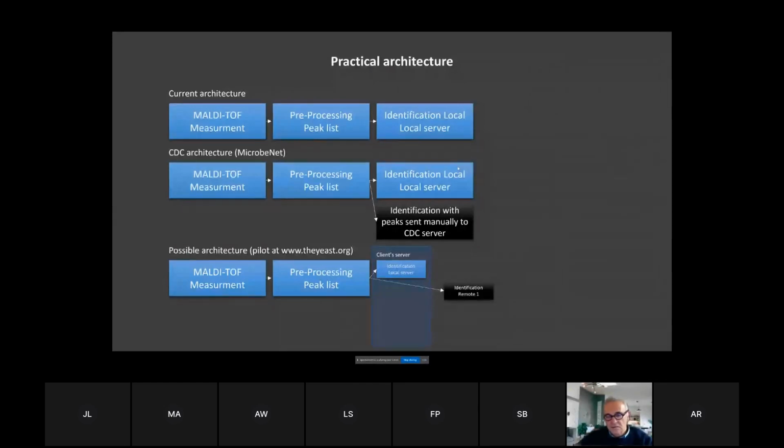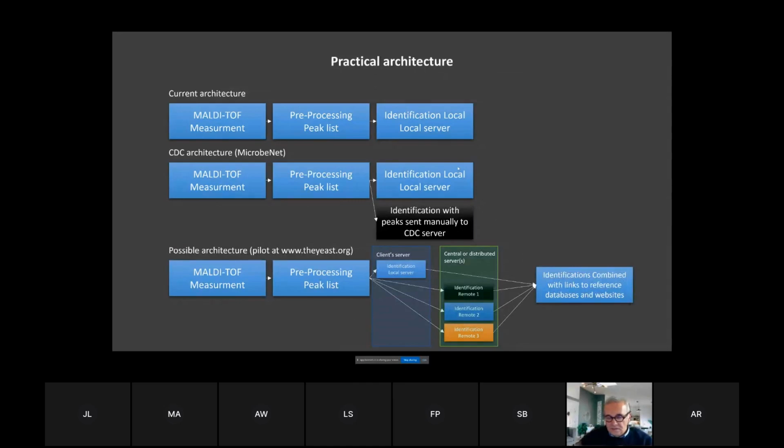You can compare your profiles against the CDC one, against another one like the Westerdijk, or potentially another one again like the MIRRI one. And those would be in a central server or potentially distributed server. So the data would be sent to those different servers or to a central server for identification.